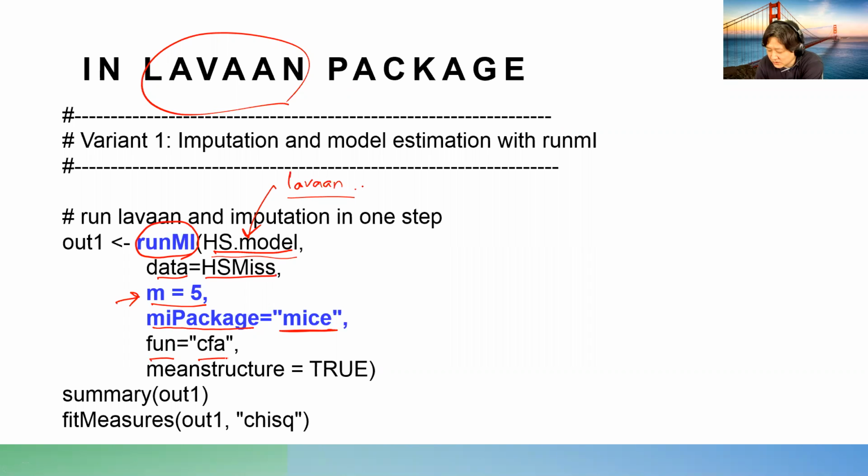Then specify mean structure equals true, and if you run it, you will get the result based on the MI package. So imputation and model estimation will run at one time.